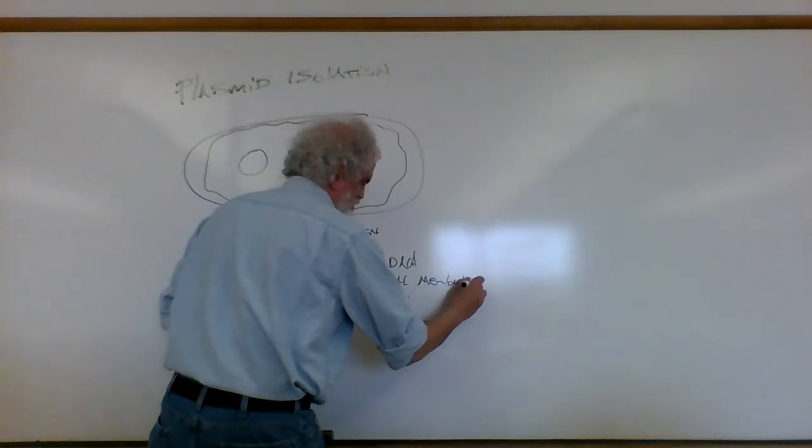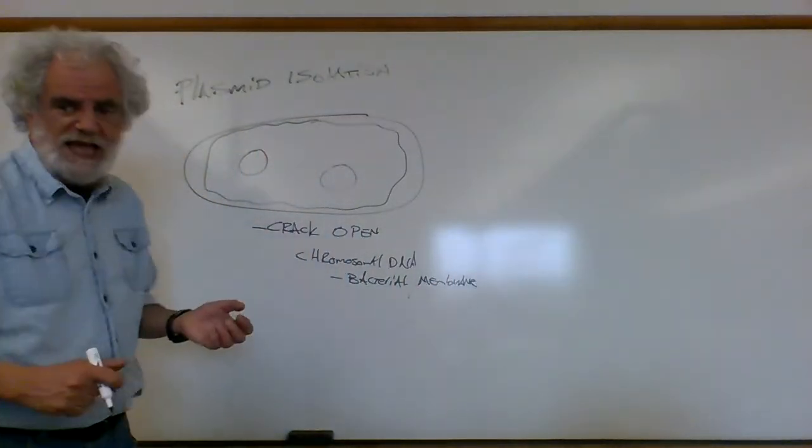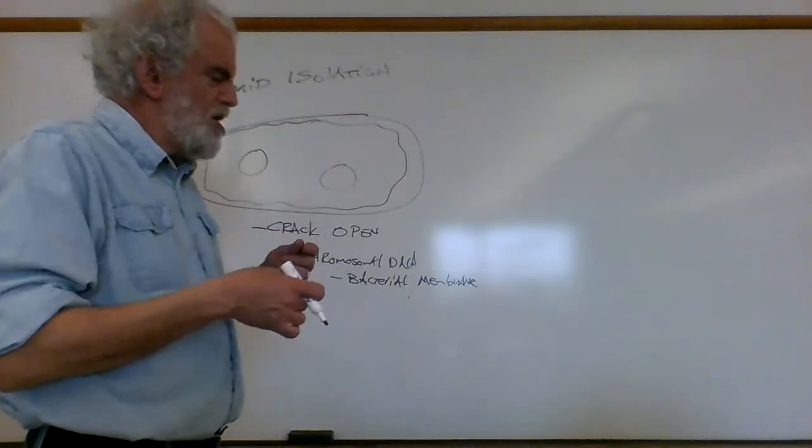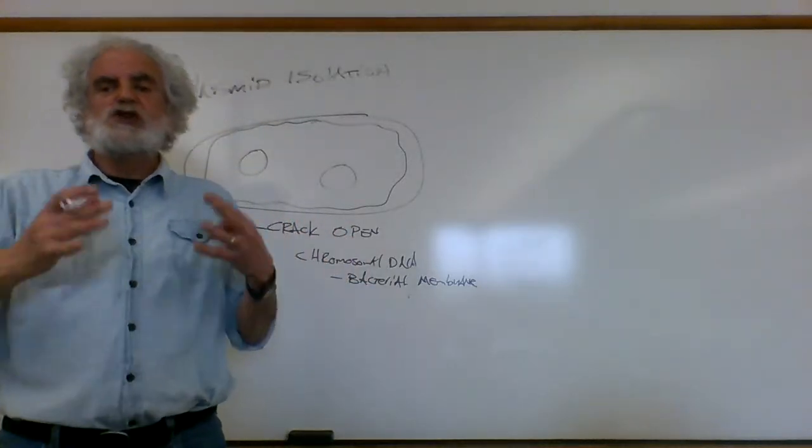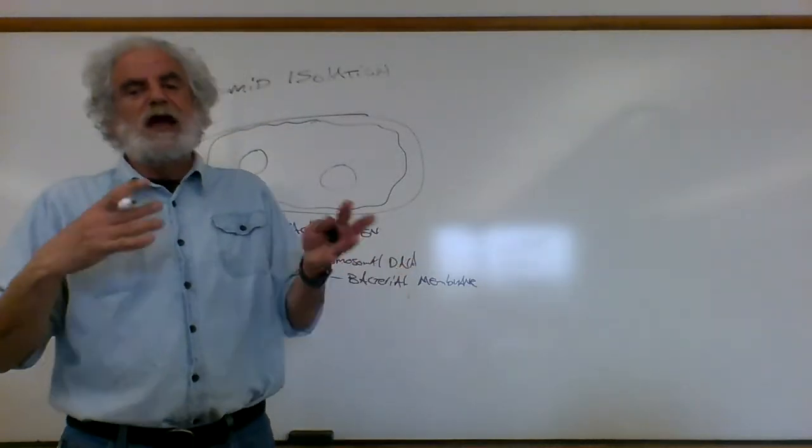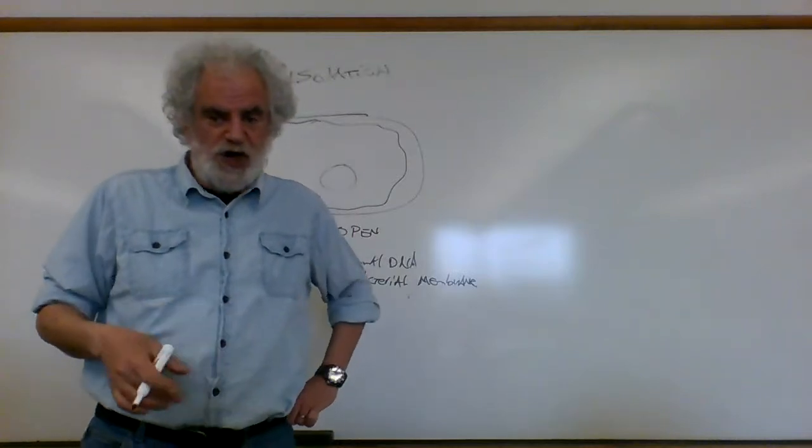And the plasmid will be floating free. And so there are a number of techniques that we can use to crack open the bacteria, and this actually is part of the nomenclature.